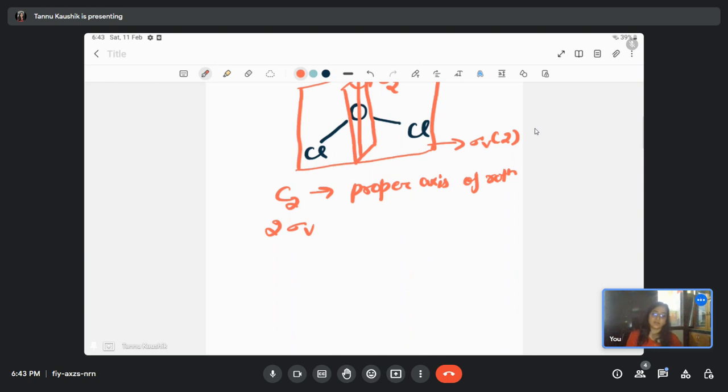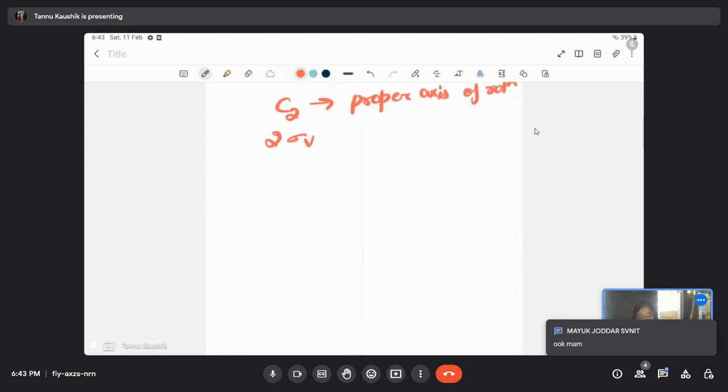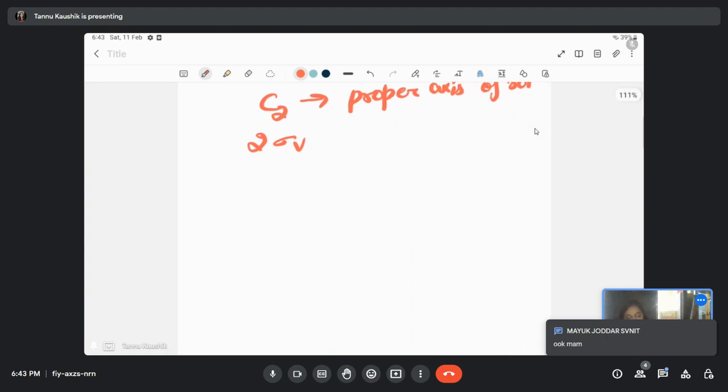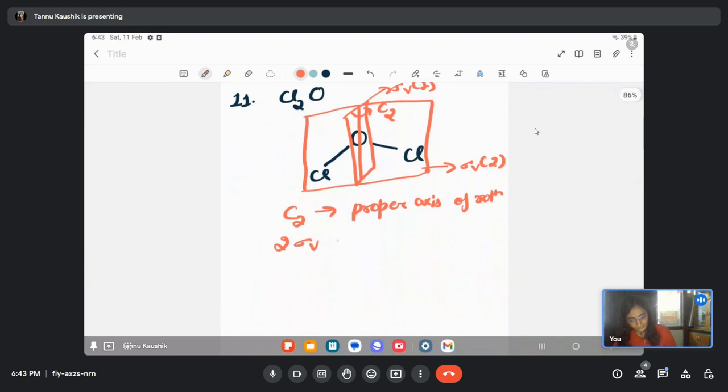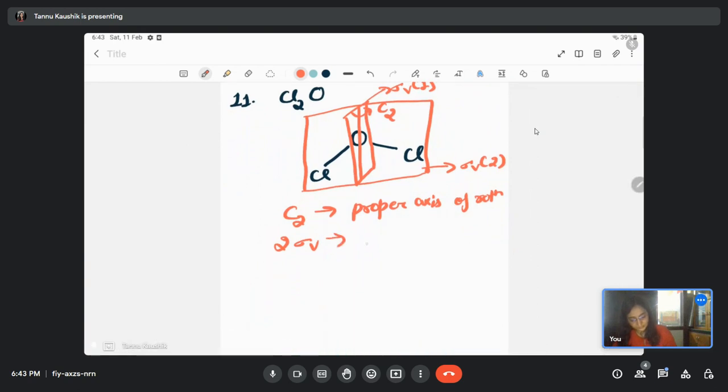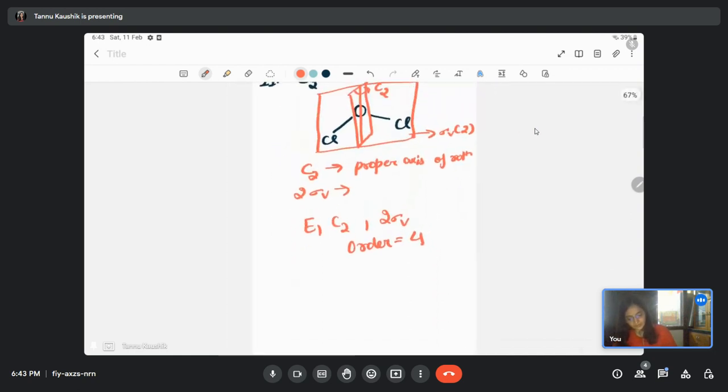The more molecules you try out, the easier it will become for you. So we had these two vertical planes here, and so we have E, C2, 2 sigma v. So the order is equal to 4 here.